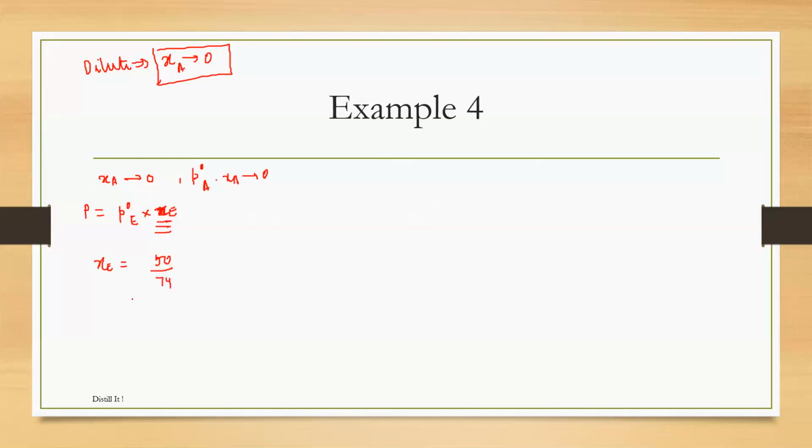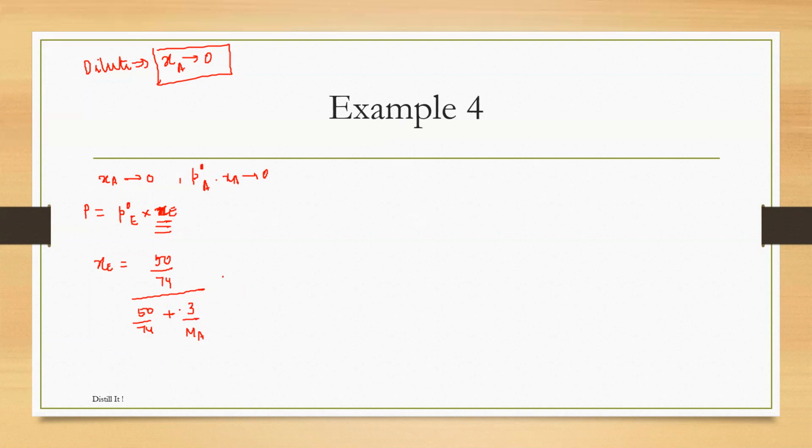So it is 50 by 74 upon 50 by 74 plus 3 by, let's assume molecular weight of A as Ma. So on the basis of that, we can get XE.